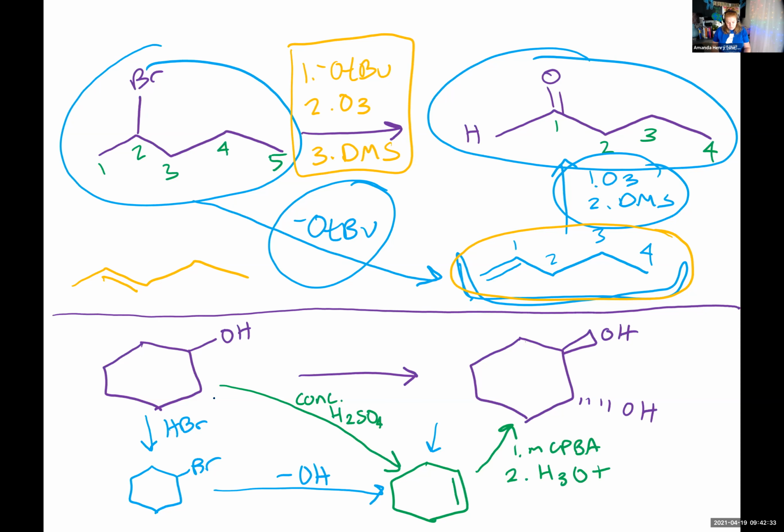Your full answer would have to be the acid with the MCPBA and H3O+, or instead of the acid, you could use the HBr and the hydroxide, but you have to show the reagents you need to create that alkene. Because if you just add MCPBA and H3O+ to our alcohol structure, it's not going to react. We have to react it with that alkene.